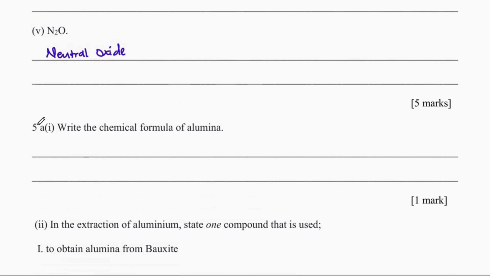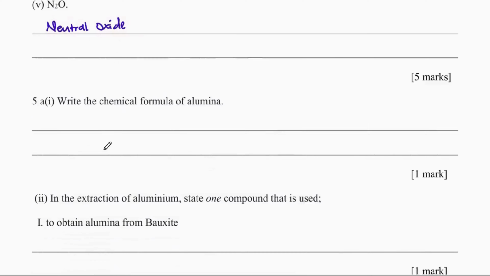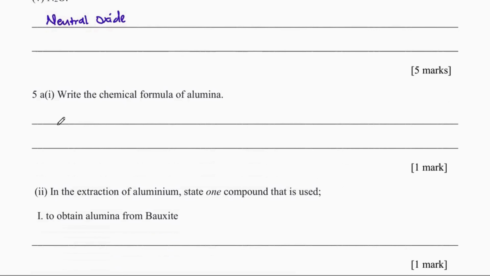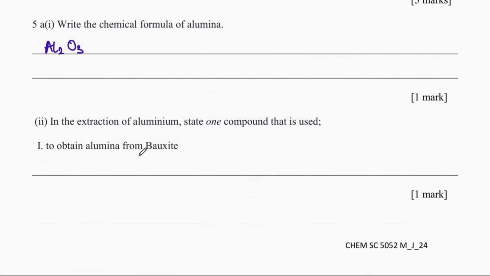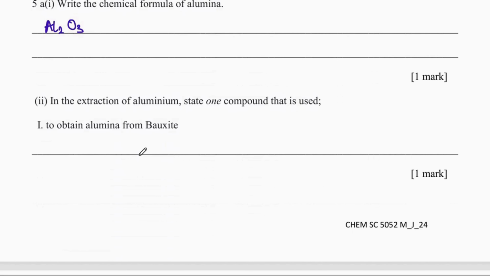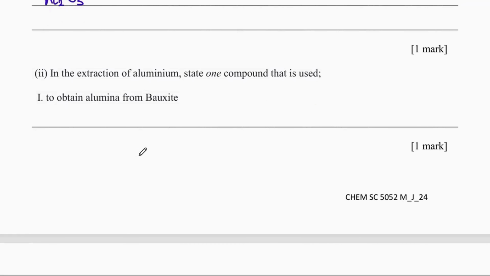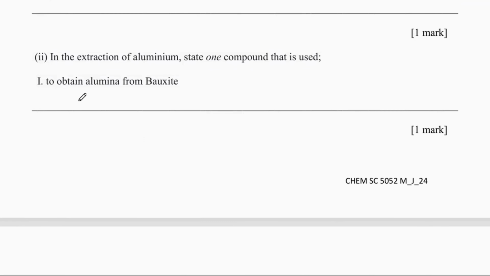Now, number 5 says write the chemical formula for alumina. So now this is alumina. In the extraction of aluminium, state one compound that is used to obtain alumina from bauxite. Okay, so here we have sodium hydroxide.